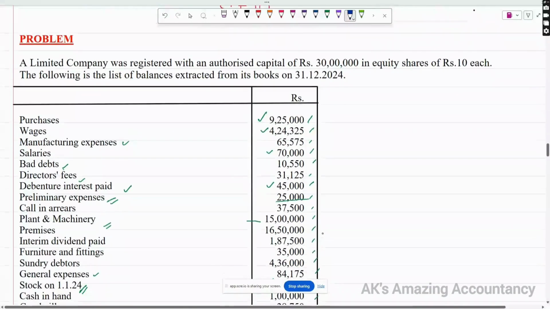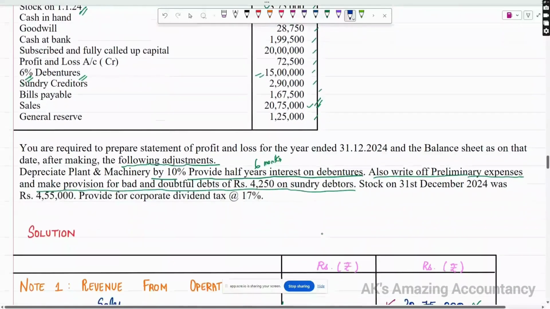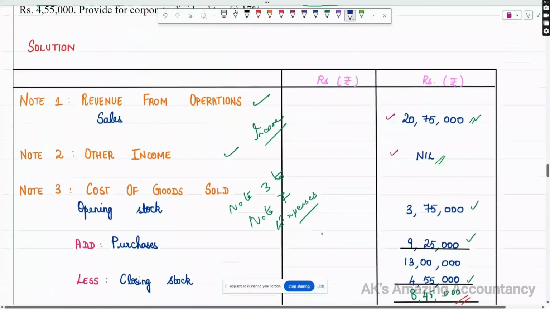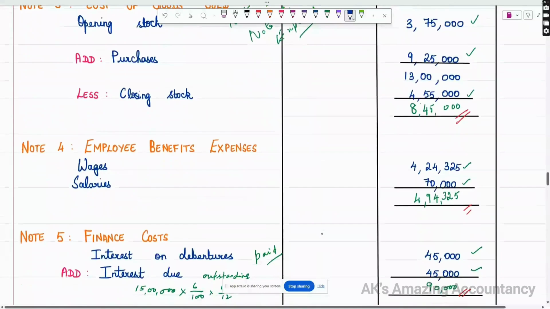So this is the problem. For this particular problem, I have already prepared the statement of profit and loss in my previous video. So let me just show the answer also. This is the solution which I worked out in my previous video.